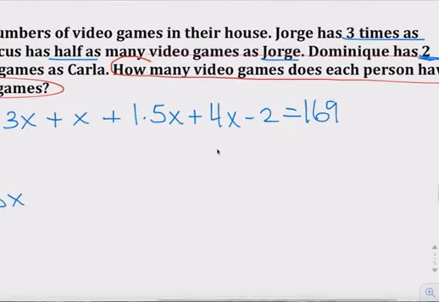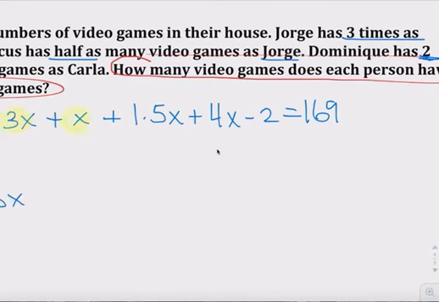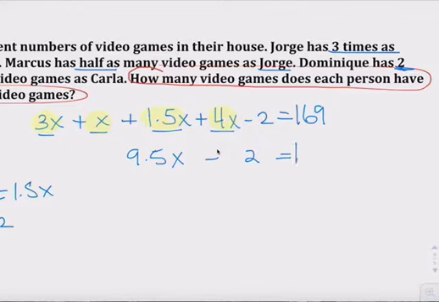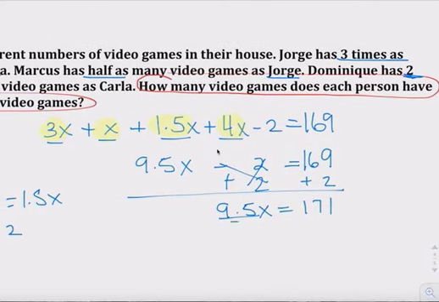Okay, got that. 3x, x, and that, all together, is 9.5x minus 2 equals 169. There's no other constant, just the 2. Add 2. 9.5x equals 171. Divide by 9.5.